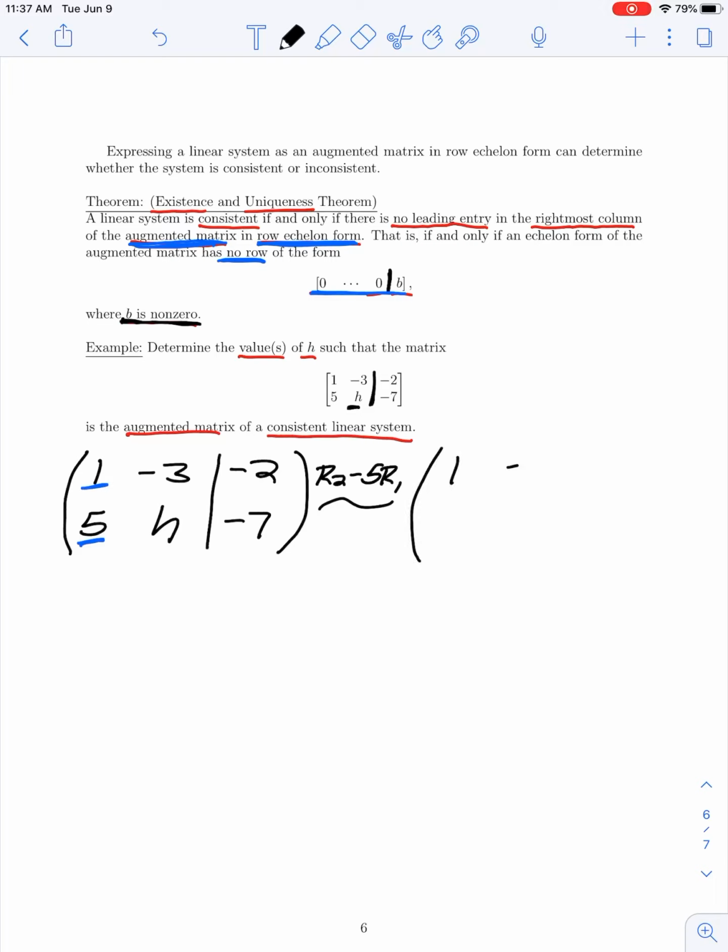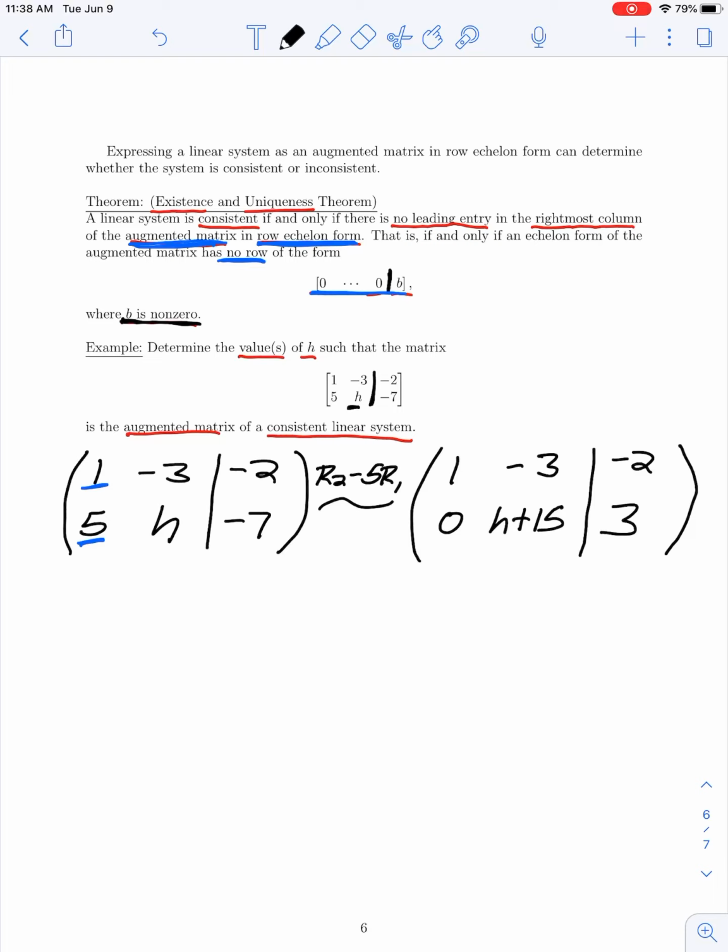So my first row is still 1, -3, -2. And when I perform this operation on my second row, I have -5 plus 5 is 0, 15 plus h, or h plus 15. And then let's see, we've got 10 minus 7 is equal to 3.